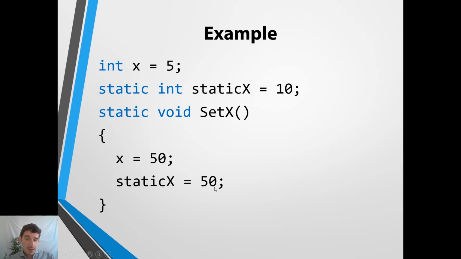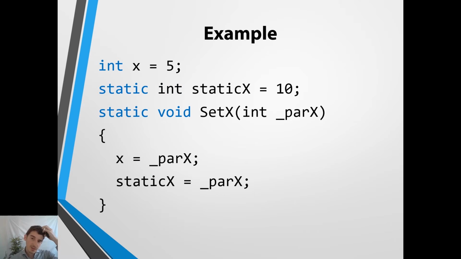Now, for static variables, this works because they're stored on the class level. But for instance variables, that's not possible because our static method cannot know which of these 200 instances of my enemy or whatever this is, it should set the x variable. That's why you can't access it.